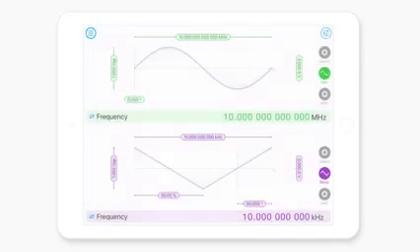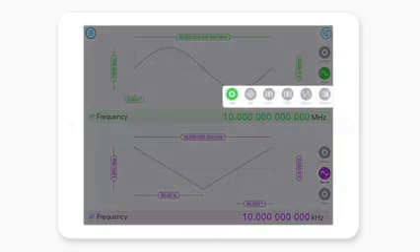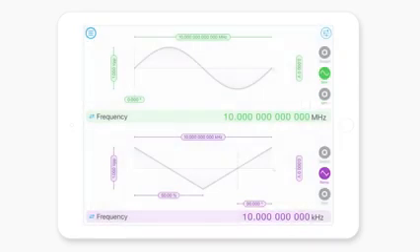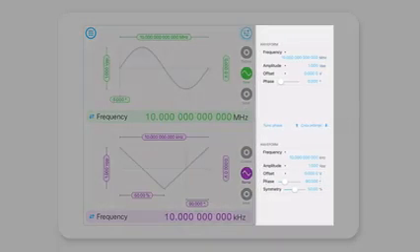We can also select from different modulation types. The available modulations supported are amplitude modulation, frequency modulation, phase modulation, burst modulation, and frequency sweep. We can access all of these parameters from a settings menu on the right.